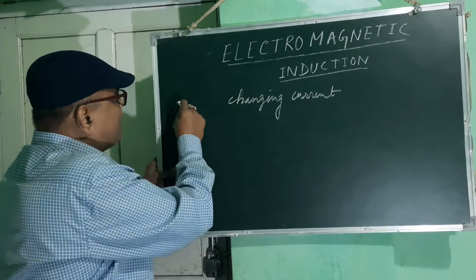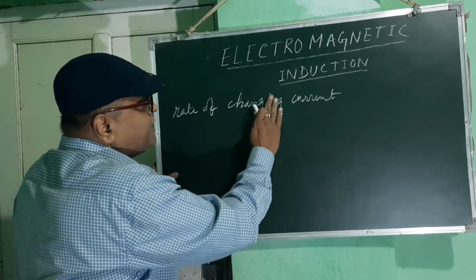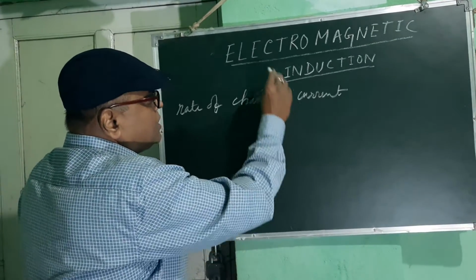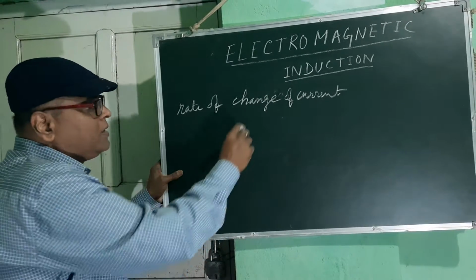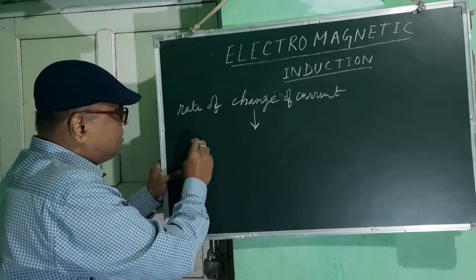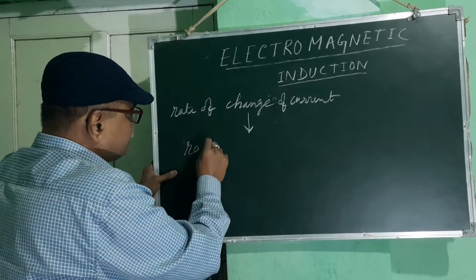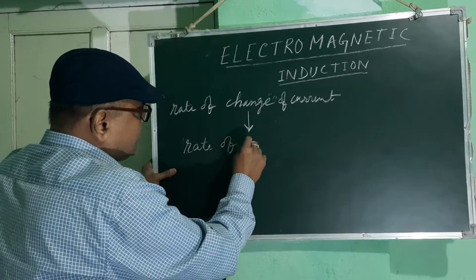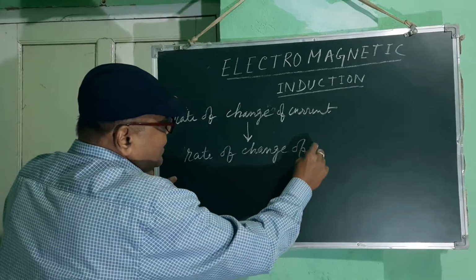The rate of change of current, what will it give? Here it will give the rate of change of magnetic field.